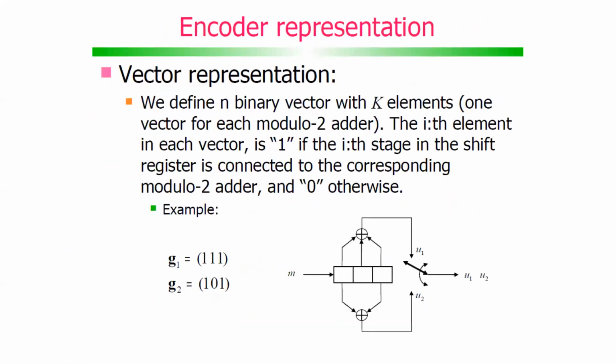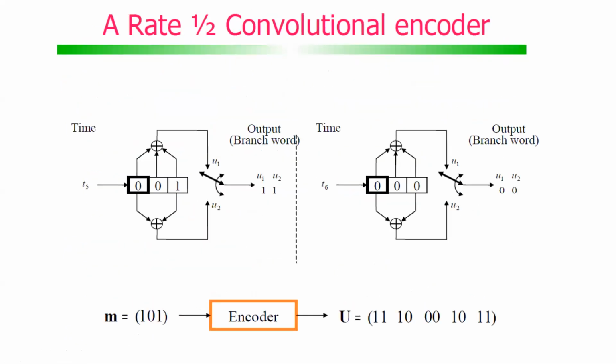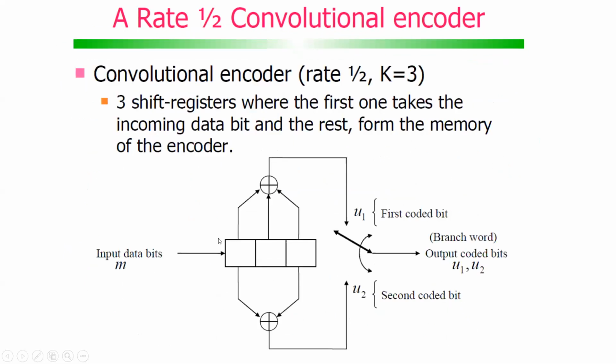The important thing you need to understand now is that one input bit goes inside the shift register. It is a 2-element shift register. This first element only represents the input bit, which is why 3 boxes are there. The shift register contains 2 boxes as memory elements, and the first box is only the input bit.